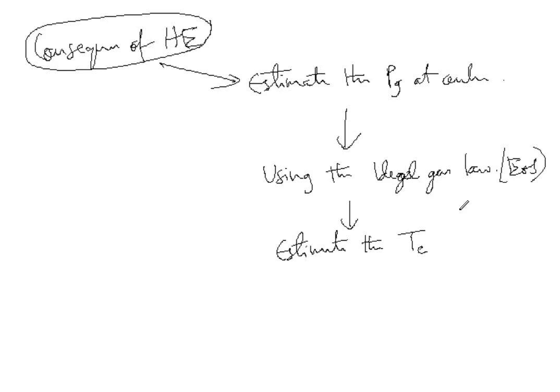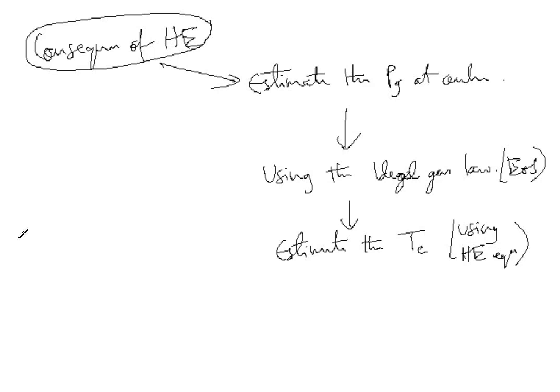And we are just using what? This hydrostatic equilibrium equation and the ideal gas law, and we can just estimate. So remember, this estimation is just using the hydrostatic equilibrium equation only. Now there are other ways of estimating this temperature as well. I will come to that.